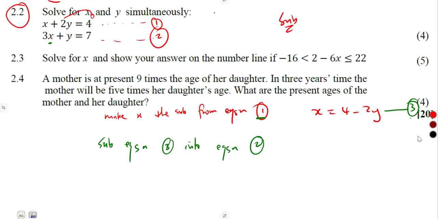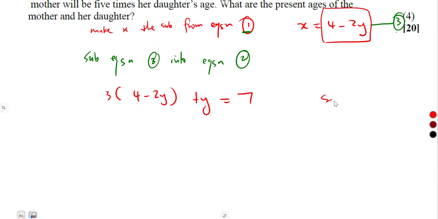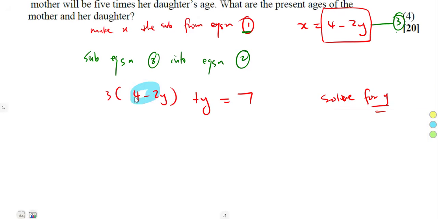So it is 3 times 4 minus 2y, plus y is equal to 7. So I have an equation in y only. It means I can simply solve for y in this case. Expand brackets, collect your like terms, you are done.